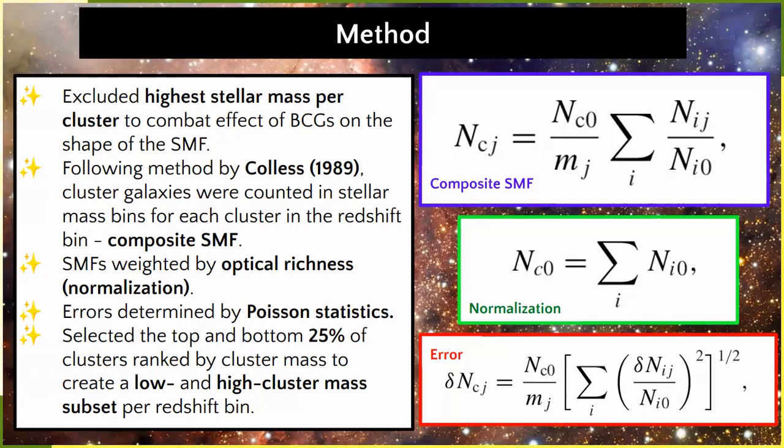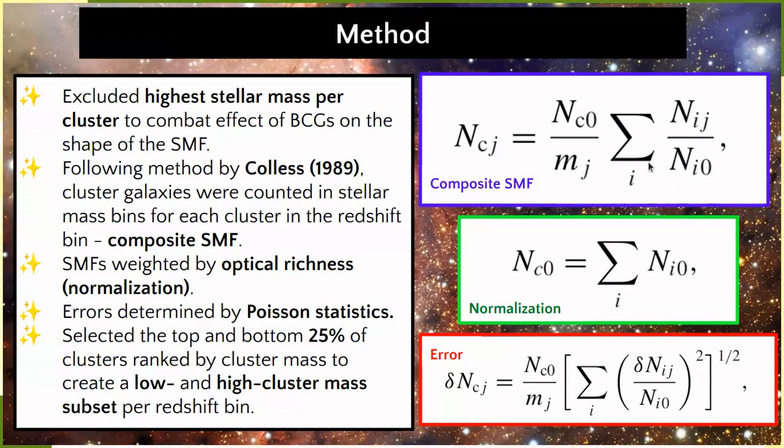This is given by the first equation, where the composite SMF for the redshift bin, denoted by n subscript Cj, is given by the sum of the individual cluster SMFs, denoted by n subscript ij, weighted by a normalization or optical richness for each cluster, represented by n subscript i0.